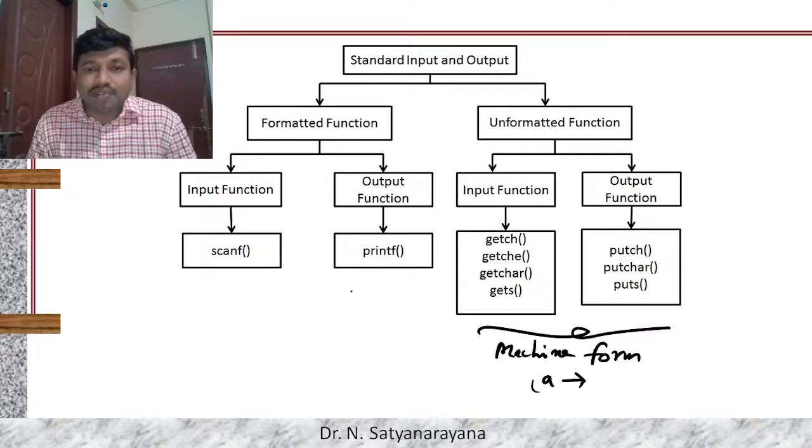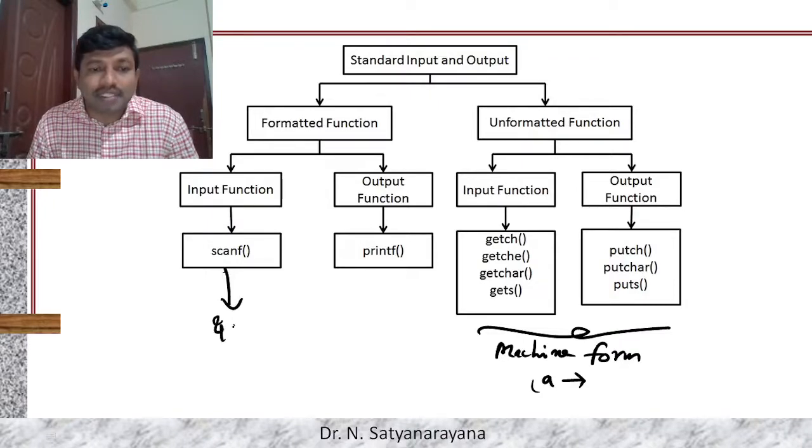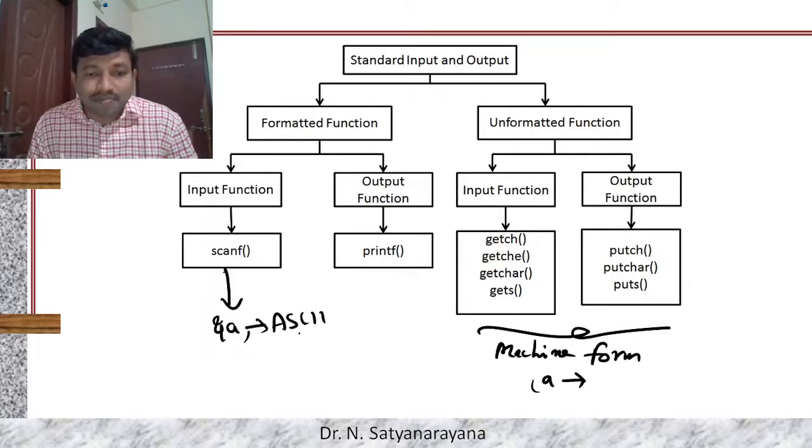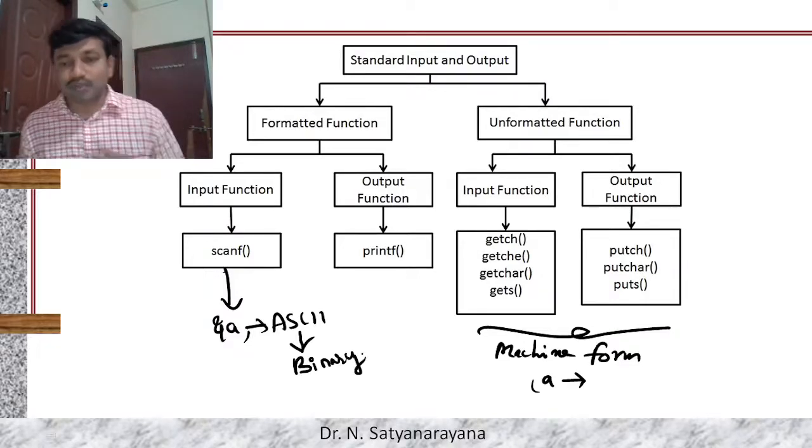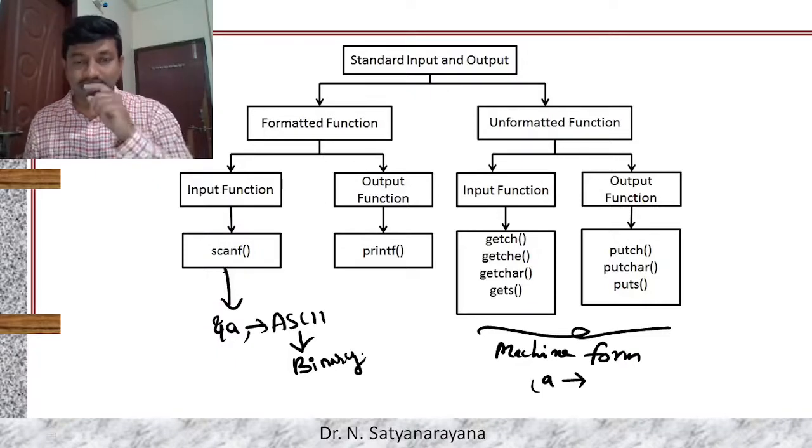Whereas here, when you scan the a value, say ampersand a, using a keyboard, the ASCII value of a will be stored. Means further, if you want to process this, the equivalent ASCII value will be converted into binary form. So when you store the data also, there is a difference.